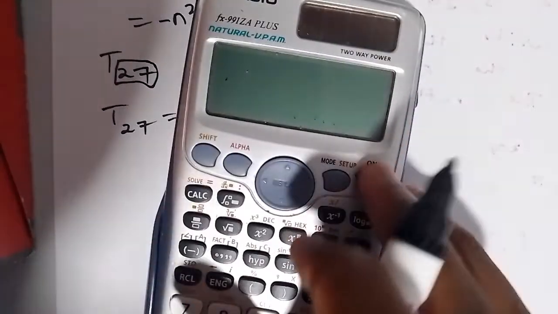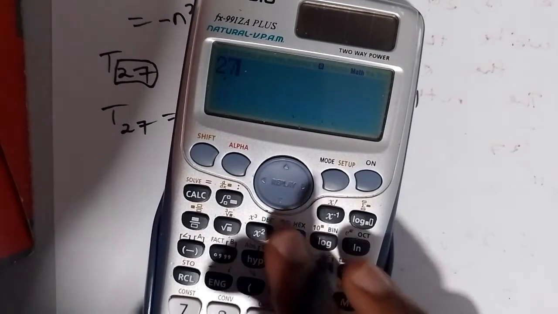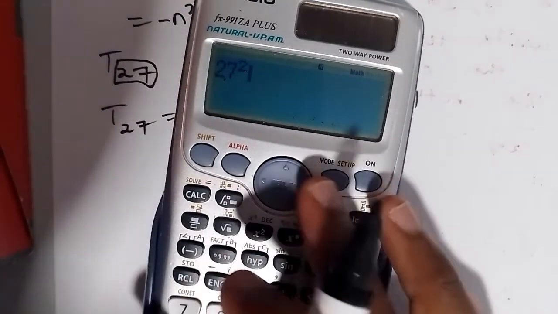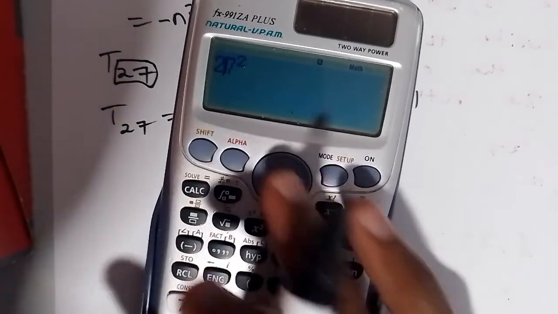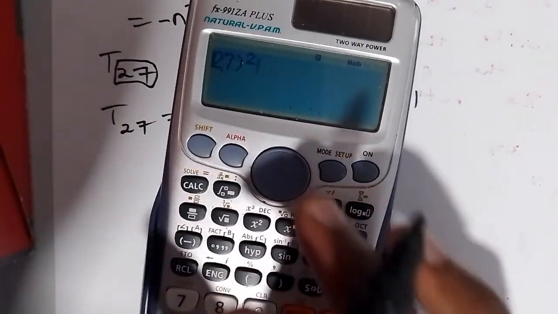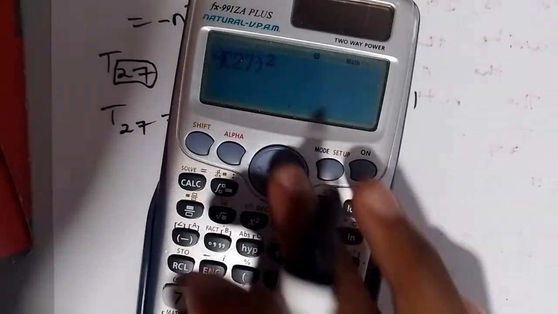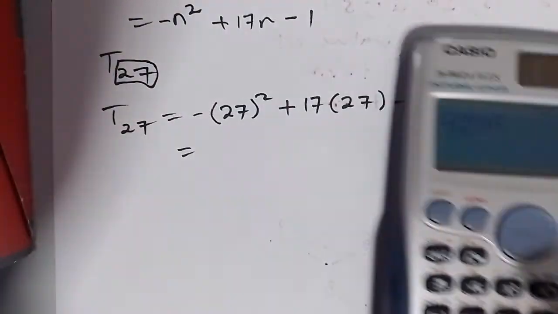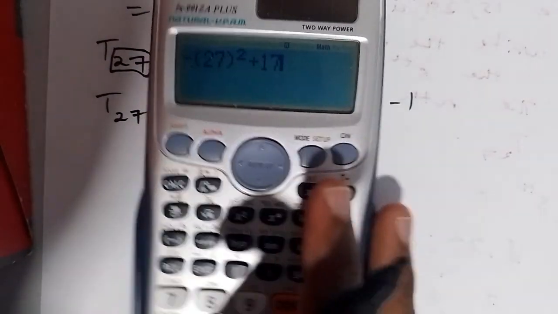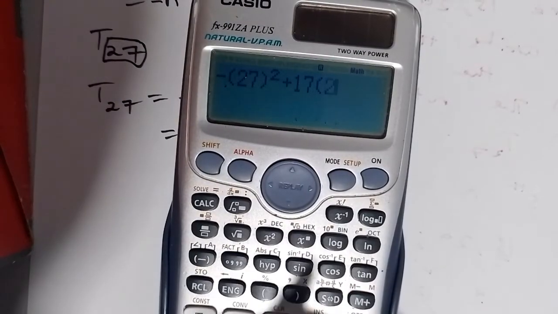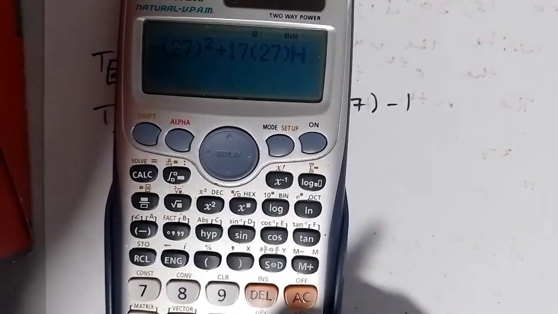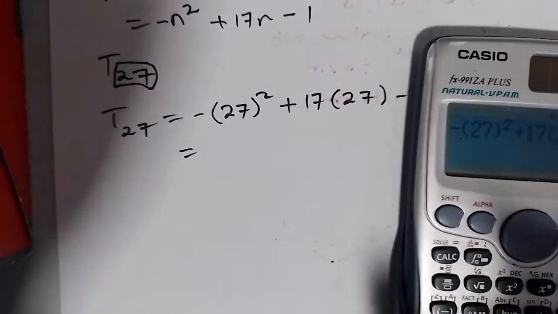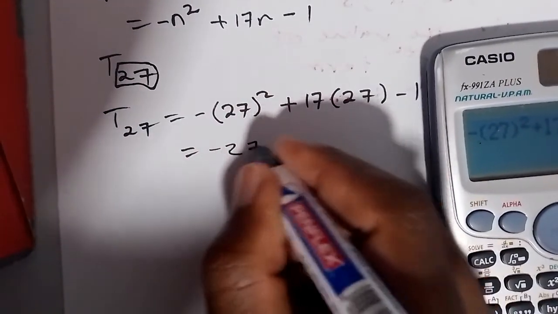It's supposed to be negative, actually. Negative 27 squared plus 17 into 27 minus 1. Then my answer is minus 271.